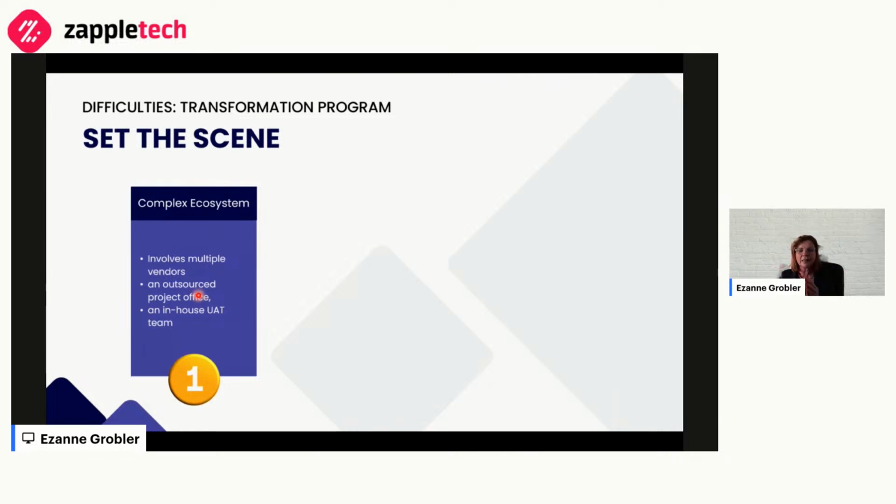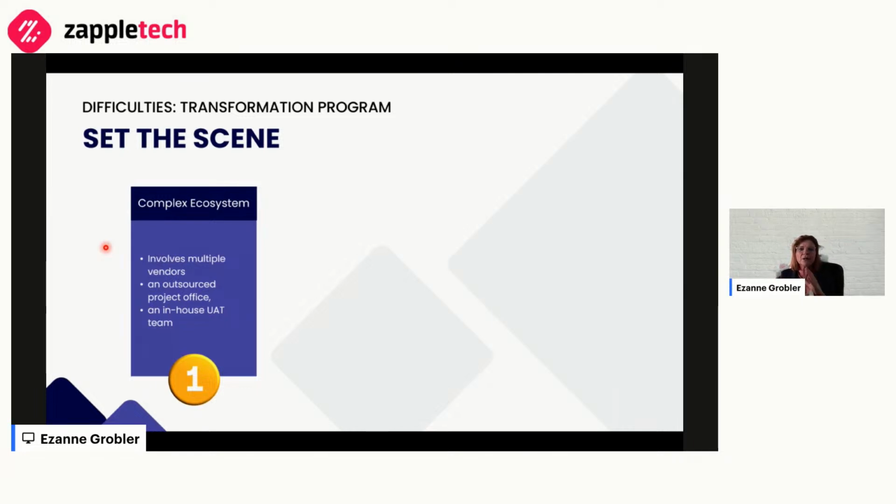What is not on the screen, but is important to note, is that with these multiple vendors, we also didn't follow one straight development methodology. The front end was driven with an agile approach, the middleware was a sort of hybrid, and the backend component followed a 100% waterfall approach.